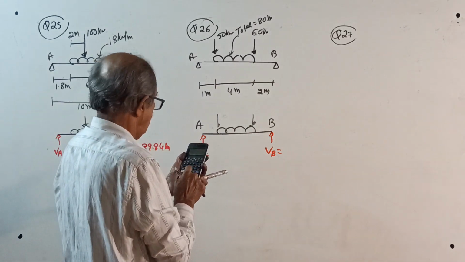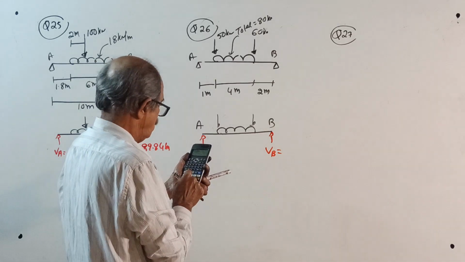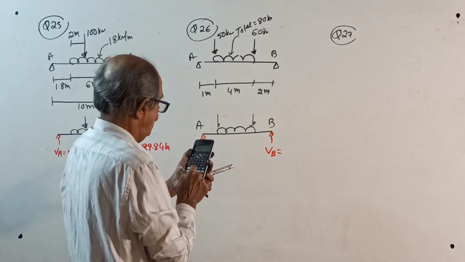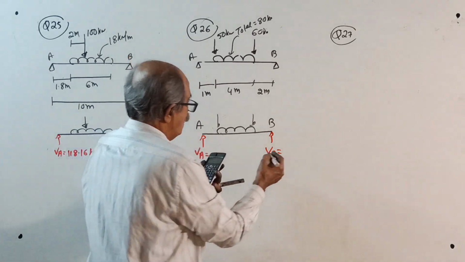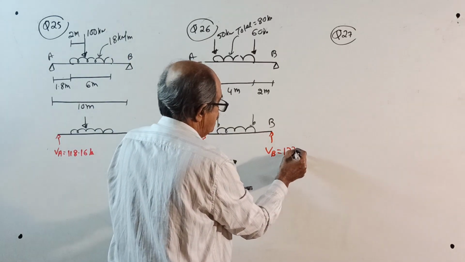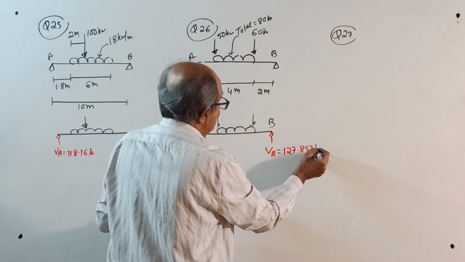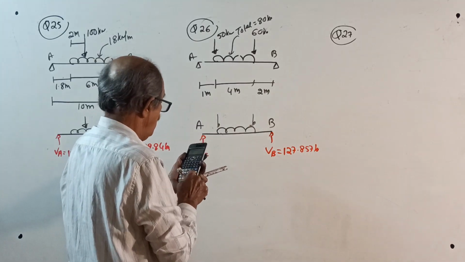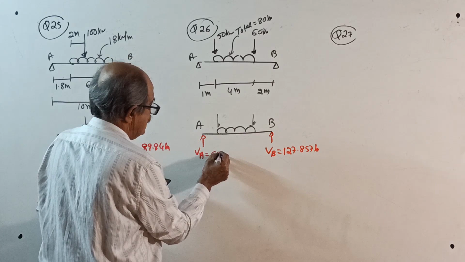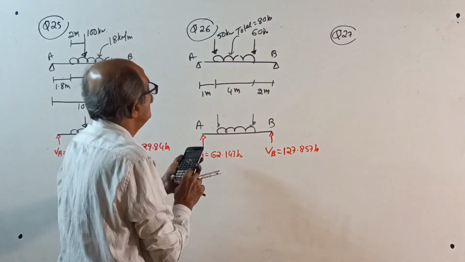Something went wrong. Again: 50 into 1 plus 80 into 1, 2, 3 plus 60 into 5, divided by 7. 127.857 kilonewton. This reaction minus 110 minus 80 gives 62.143 kilonewton. I'll check the answer.